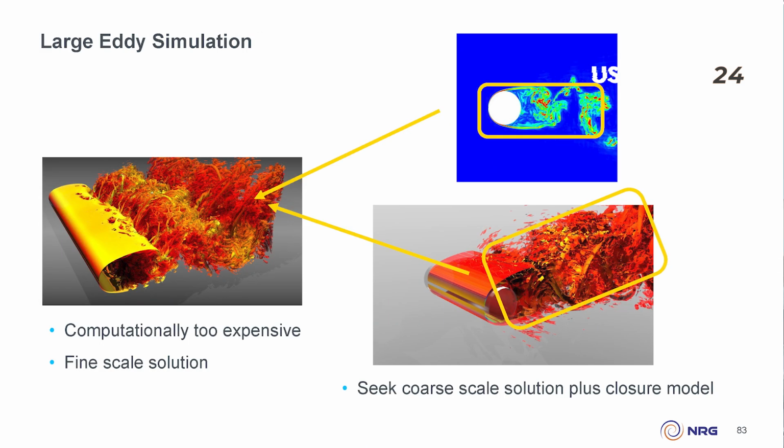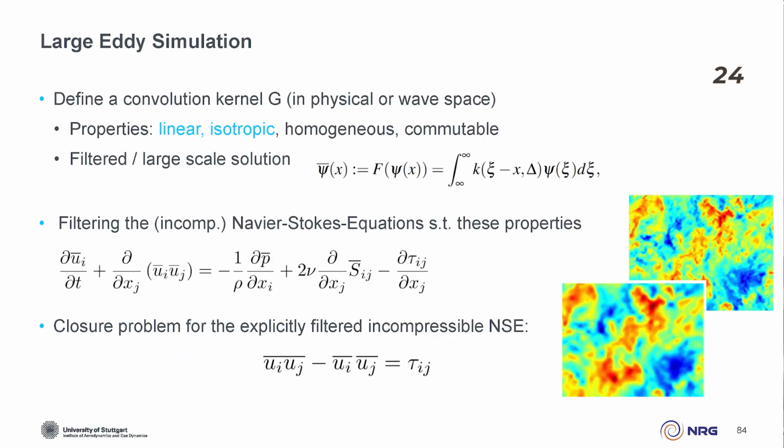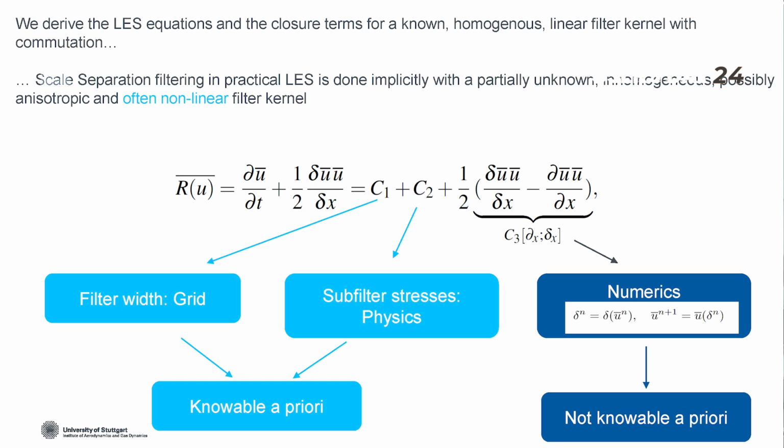The type of modeling that I'm looking for are large eddy simulation models. So large eddy simulation is the idea of filtering the governing equations, applying a low-pass filter, and then coming up with a coarse-grained version of the Navier-Stokes equations, again closed by some model term here. So this is this M term, the footprint of the fine information I have to discard on the coarse-grained information. There's a lot of theory and mathematics behind that. I just want to leave it at one point here, and that is that one part of this model term actually has to deal with my numerical scheme.